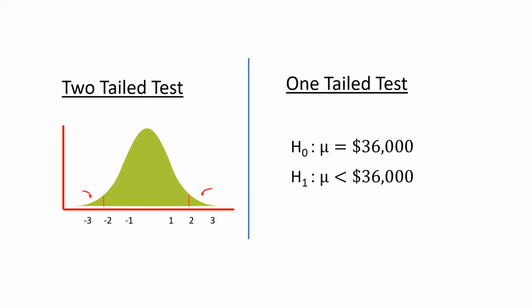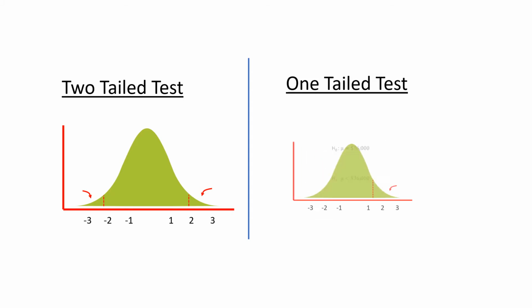If we have a sound theoretical reason for believing that non-accredited teachers earn less, then our hypothesis would look like the one on the right. In this situation, we need to perform a one-tailed test. At alpha equals 0.05, we reject sample means that fall here.